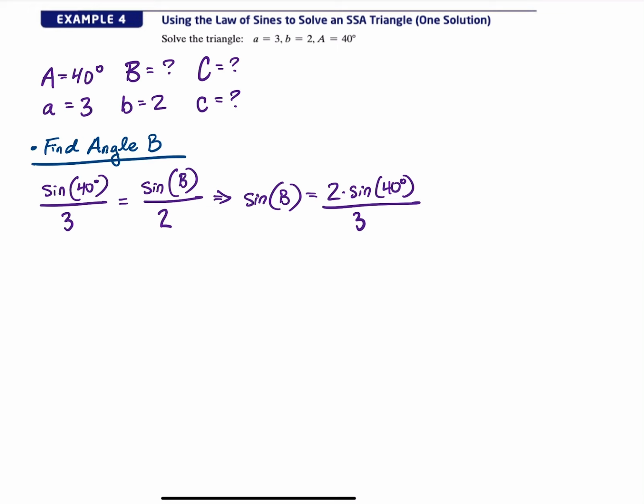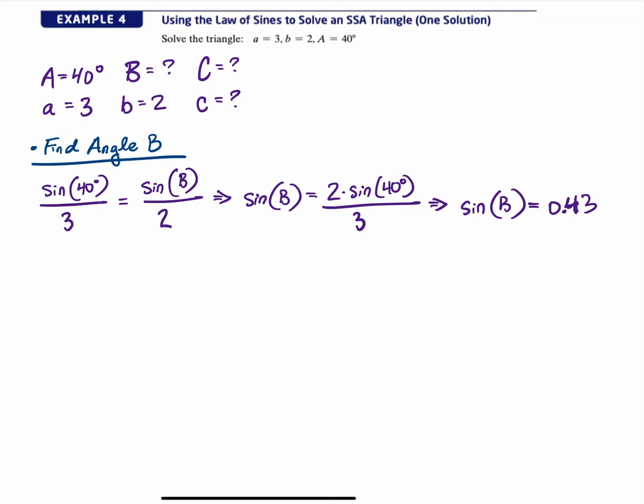If you evaluate that right side, we get that the sine of angle B equals 0.43. So a positive value, and it's less than 1, so it is a legitimate value. We would get some kind of solution here.